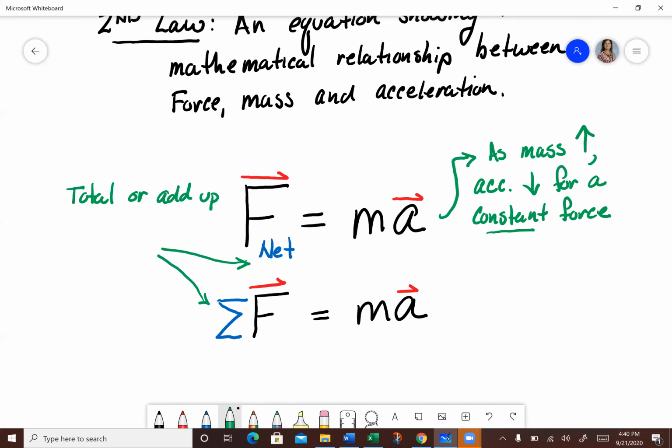At the same time, there's a direct relationship. We would say as force increases, acceleration increases for constant mass.